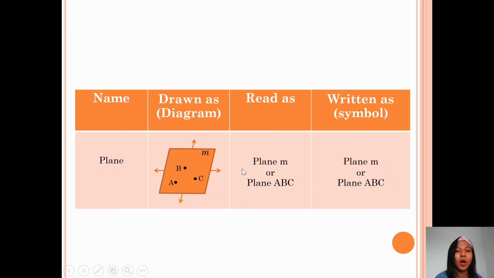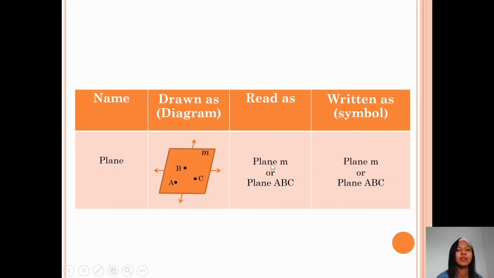In this diagram, you can call it or read it with only one letter, so here, plane M, or with three points, plane ABC. Either of them is correct.